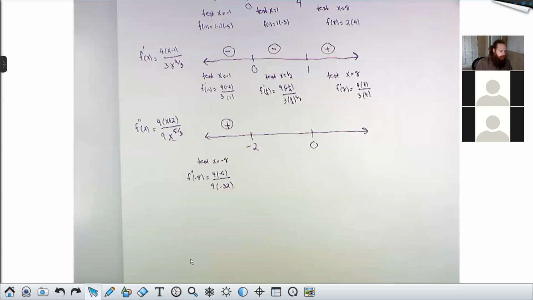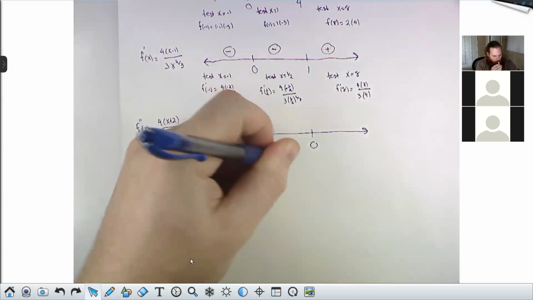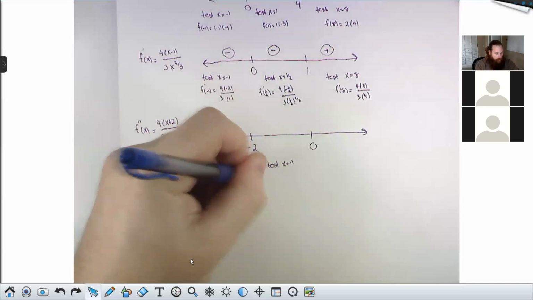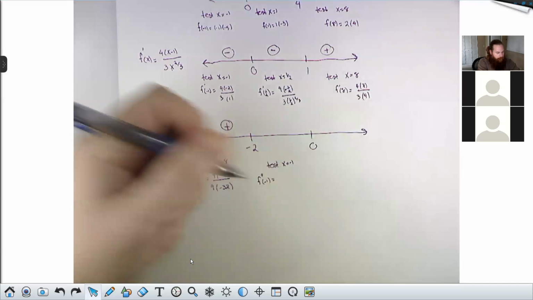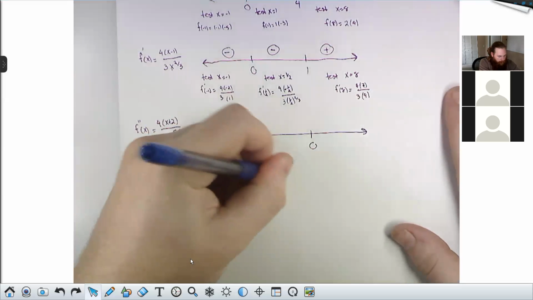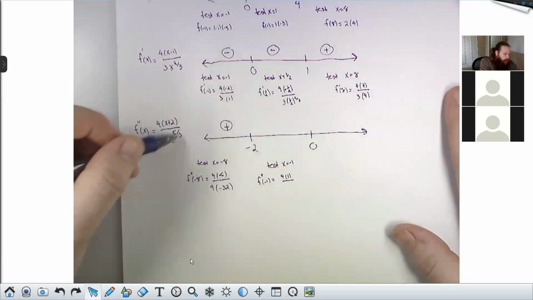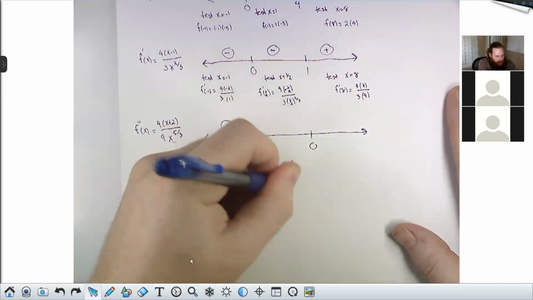Between negative 2 and 0, I can test negative 1. F double prime of negative 1 is 4 times 1 over 9 times negative 1 to the 5/3. The cube root of negative 1 is negative 1, and negative 1 to the 5th is negative 1, so this is 9 times negative 1.